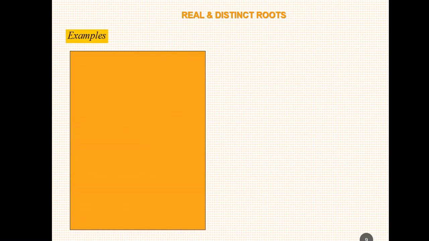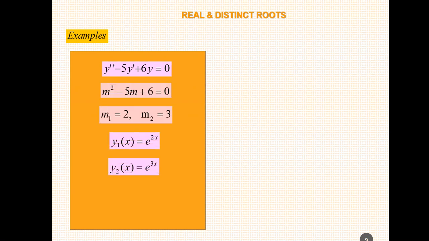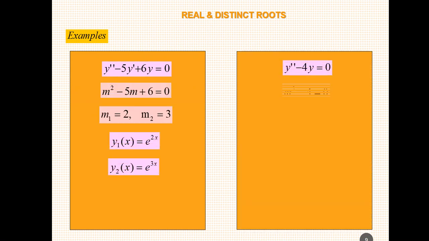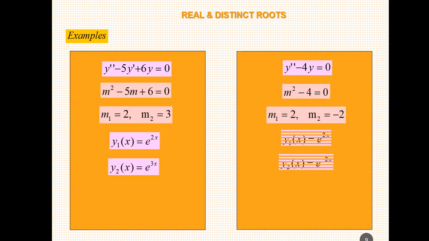Now, let's go to the real distinct roots example. I like to present both so you can see. Now, this one, y double prime minus 5y prime plus 6y equal to 0.